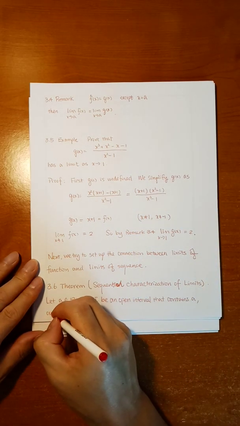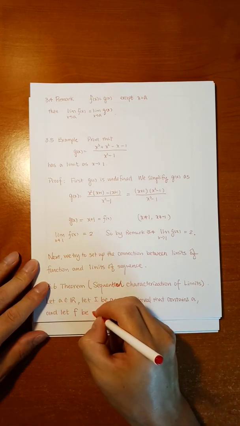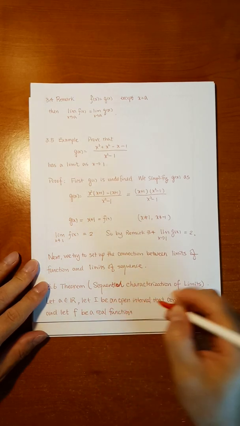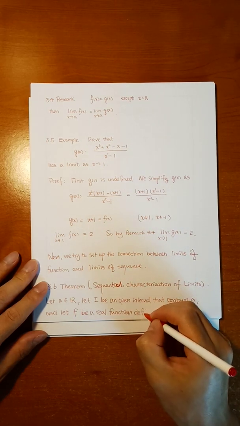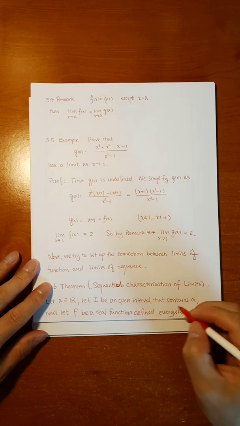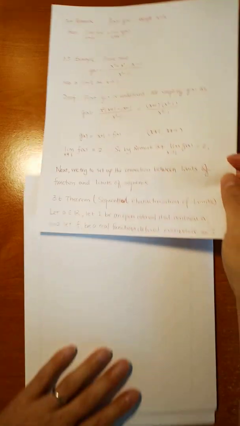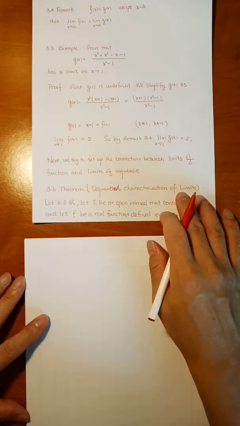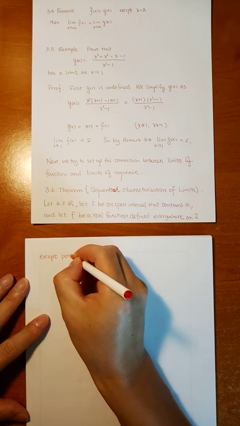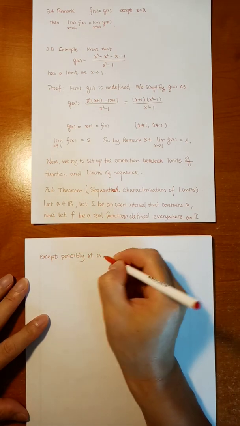And let f be a real function defined everywhere on I, on this neighborhood, except possibly at a. So it may or may not be defined at a.